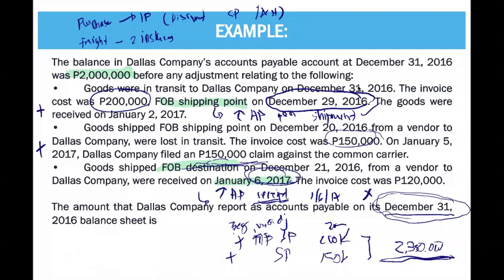These are the only items that you need to remember here in accounts payable. Your purchase, as to your initial measurement, is at your invoice price, and your freight, two instances only, right? As to presentation, you already know it is current if it's payable within 12 months, or it is trade. Non-current if it is more than 12 months. That's it for your accounts payable.